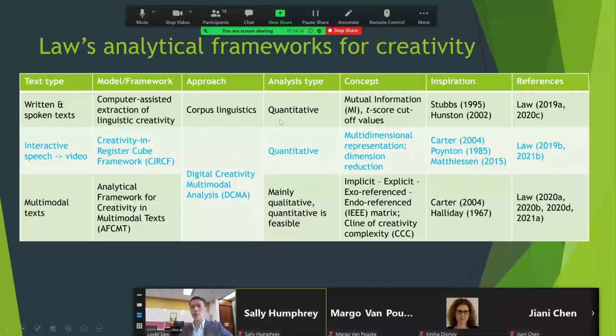As for the corpus linguistics one, I would just leave it for another conference. We'll start with the first one, which I now call CIRCF for short. Basically, the text type involved is speech, and then I can go to the video and retrieve data. This is a mainly quantitative method. It's multidimensional, focusing on representation, and also on the concept of dimension reduction.